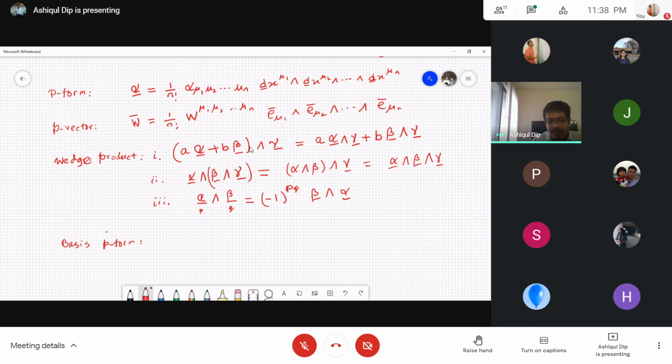It's not a P-form, it's actually an N-form we're talking about here. A basis N-form can be written as dx1 wedge dx2 wedge up to dxn, right?